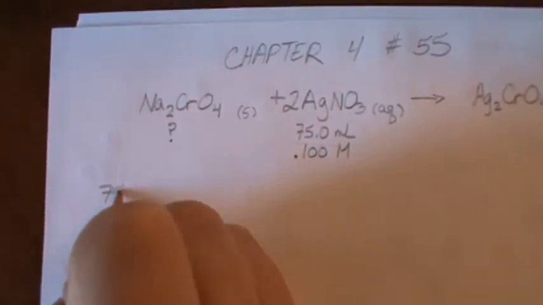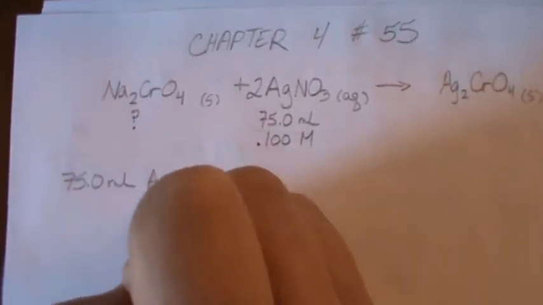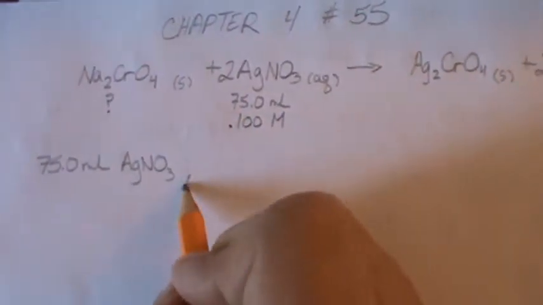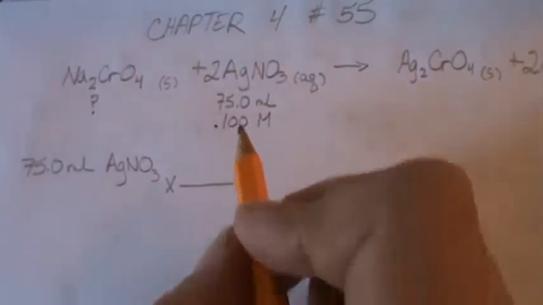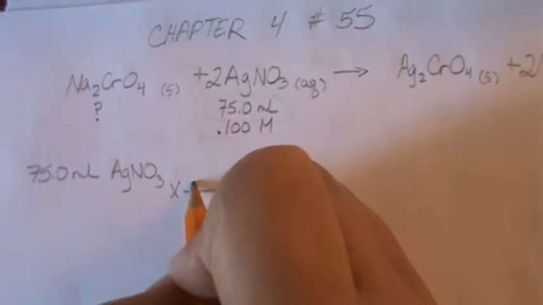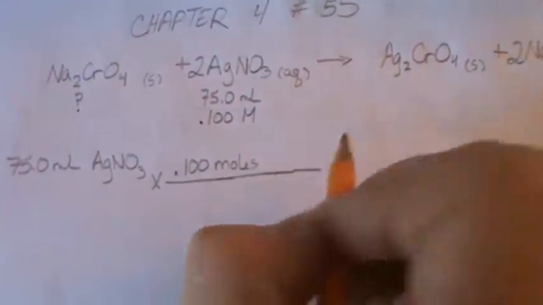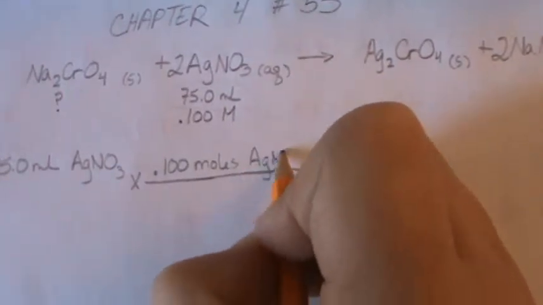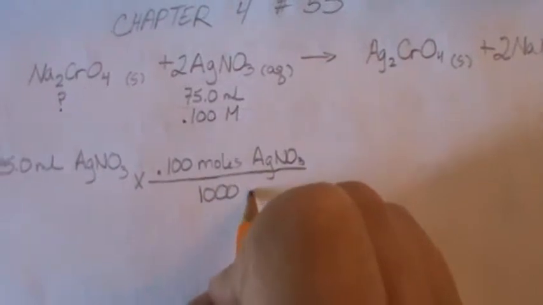I have 75 milliliters of silver nitrate, AgNO3. Now the next step is to change this to moles of silver nitrate. I would do that with the molarity, which tells me that I have 0.1 moles silver nitrate per 1,000 milliliters.